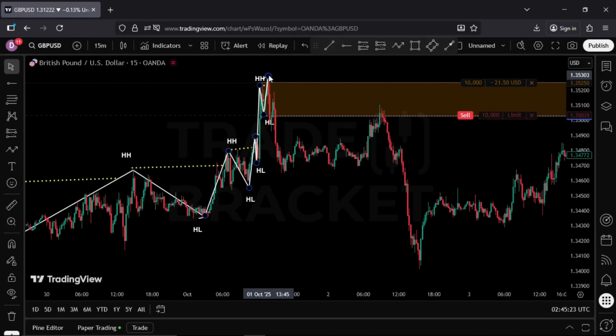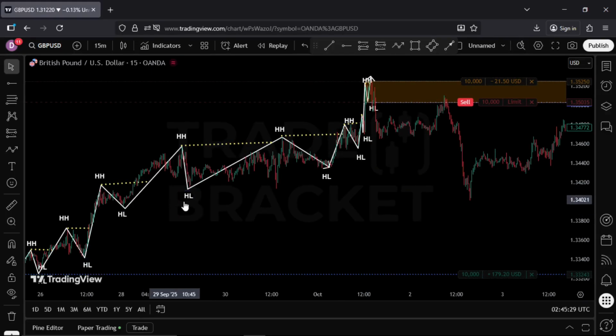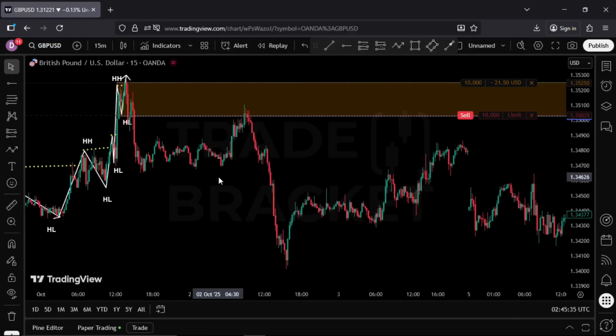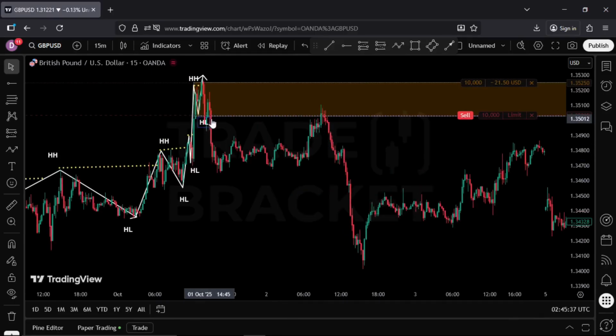All right, so let's say you check your chart after like 5 hours and price was right here, so you go ahead and delete this alert and then put your alert right here. So let's say after another 5 hours you check your charts and price already broke this higher low, and price was, let's say, right here.